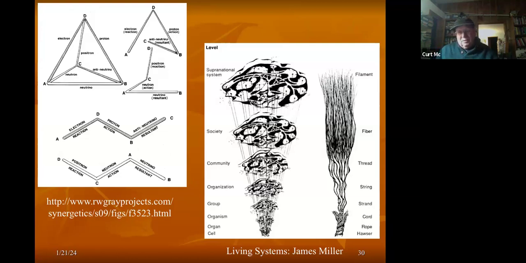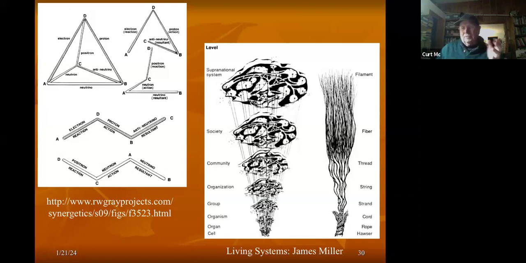And so then this shows that if you look at all the components that are in a cell at the very bottom, it turns out that those same kind of components, the boundaries and the ports and the feedbacks, are in a set of cells that are stuck together, right? A multicellular thing. And above that is what Miller, the one who made this picture, called the organelle, which is sort of a subset of your organs, right?